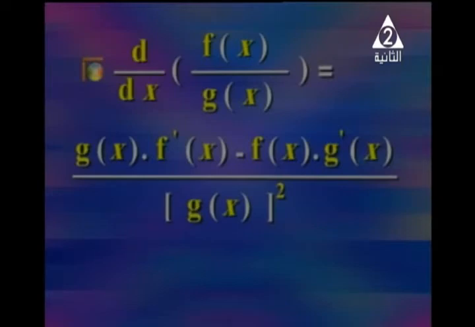Remember, dear student, when you find differentiation of f of x over g of x, it is g of x squared in the denominator, and in the numerator g of x times f dash x minus f of x times differentiation of g of x, or differentiation of the denominator.